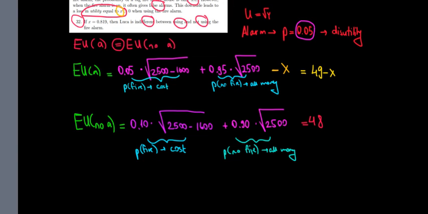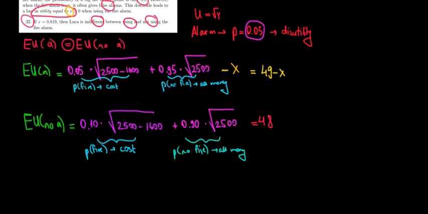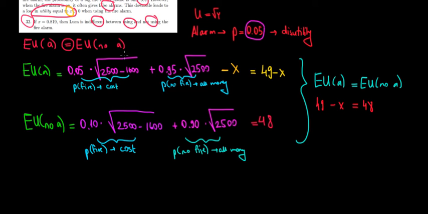We're looking for the expected utility of using an alarm to be equal to the expected utility of not using an alarm. In other words, we're looking for the relationship that 49 minus x equals 48. So x would be equal to 1. So if x is 1, then Luca would be indifferent between using an alarm and not using an alarm. And the answer key tells us x is 0.819, which is false, and we are done.